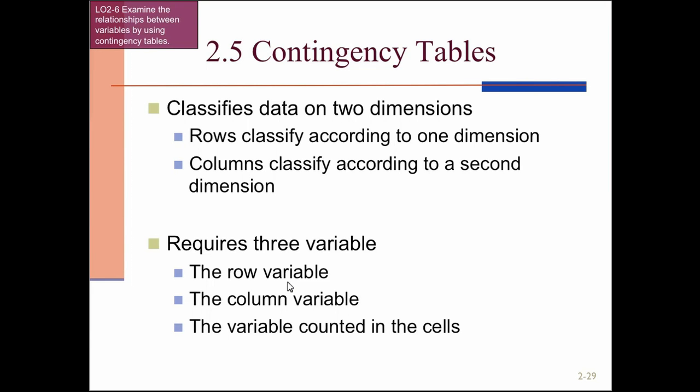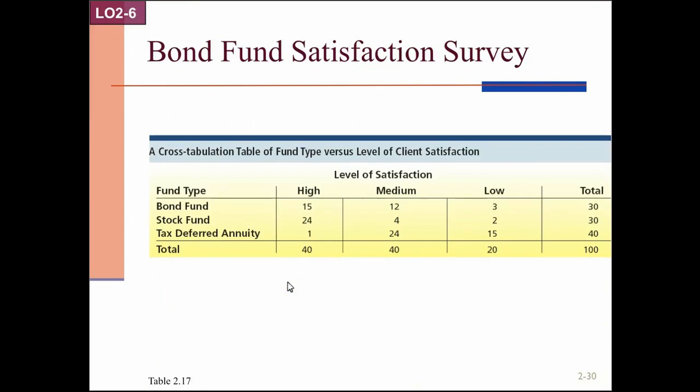Now, you use a contingency table when you want to have some type of information from 2 dimensions, so you have the columns and the rows, and you want to find the relationship between those 2 elements. This is one example also available for you from the book. You have 3 different types of fund, and they asked their customers about their satisfaction.